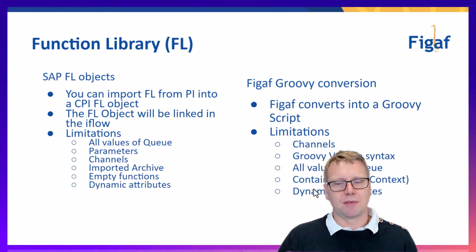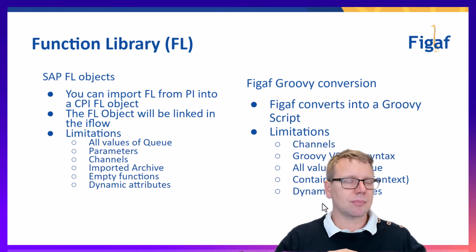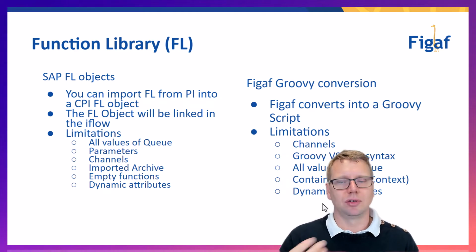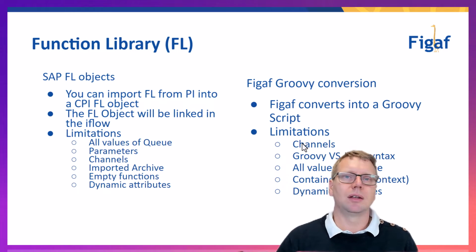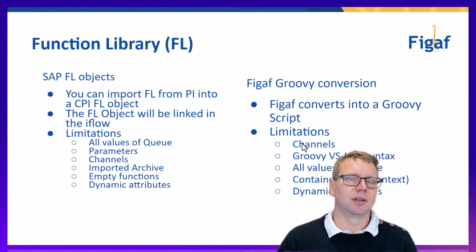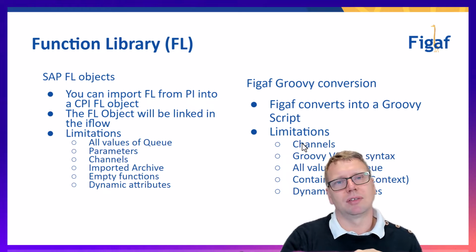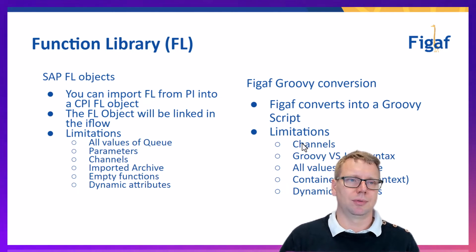And then you have dynamic attributes. Once you have done the migration of the first scenario, it is really easy just to continue with the Groovy script. And once you have updated the libraries to use the functionality with this replication technology, we are able to actually reuse that in all scenarios.